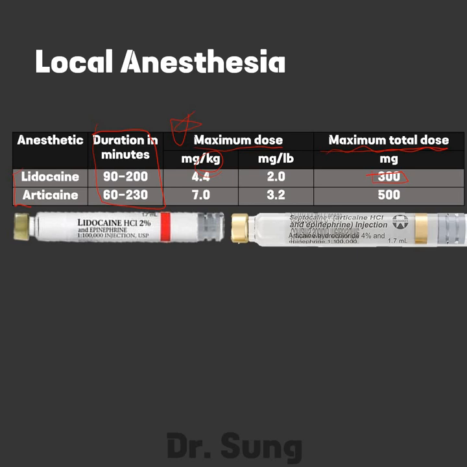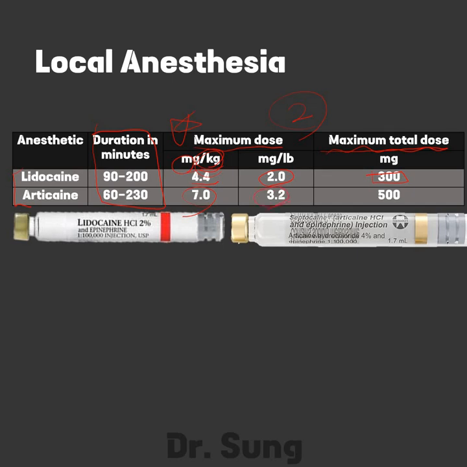Alright, so lidocaine is 4.4 milligram per kilogram, while in pounds, in the USA we use pounds, right? In pounds it is 2.0. It is pretty easy, so it is all even numbers. And articaine is 7.0 milligram per kilogram, while in pounds 3.2.